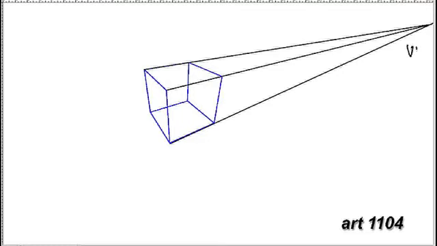So here's my VP1. And then similarly as in the 2-point perspective that we were drawing previously, do that with a little bit more care. There is a second vanishing point to consider that represents the point to which all of these edges are converging.